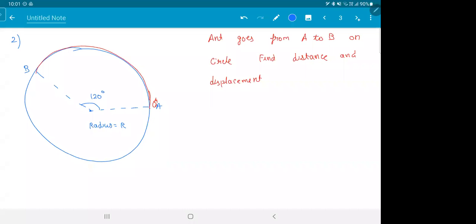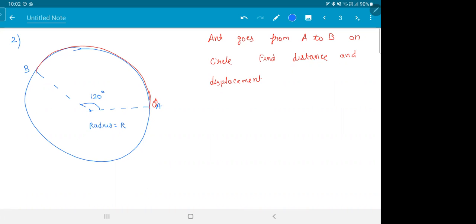Find the distance and the displacement. Okay, distance is fine.